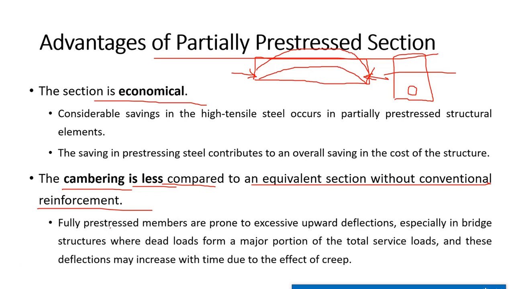Okay, fully prestressed members are prone to excessive upward deflections, especially in bridge structures where dead loads form the major portion of the total service loads. Since the dead loads are the major portion of the service load, there is a chance for excessive upward deflection. Okay, and that can be eliminated in the case of a partially prestressed section.